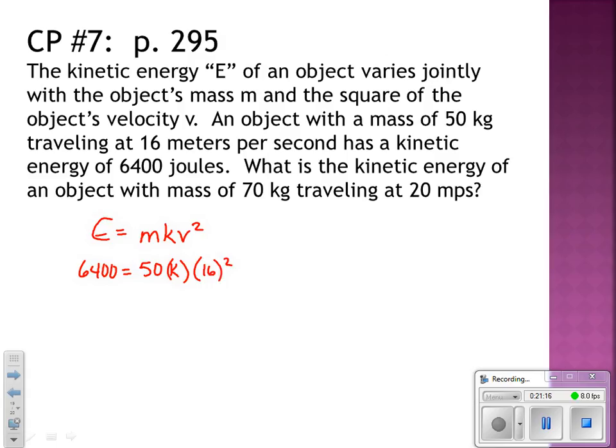Okay, so 16 squared times 50. No, I got to figure that one out again. 256 times 50. Hang on a sec.